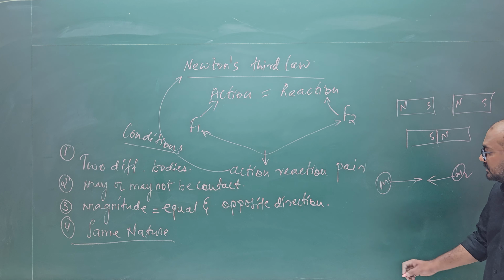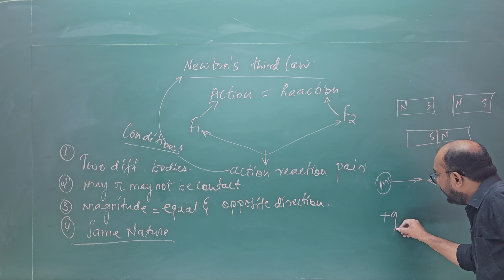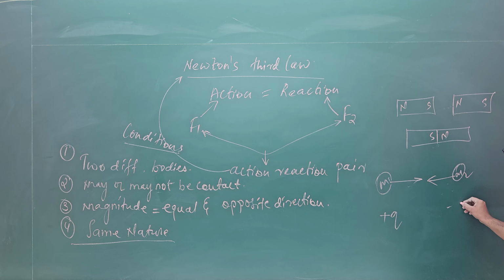I got my point. Similarly, in the charges we discussed that. Let's say this one is your minus Q, and over here is plus Q. Plus Q and minus Q. They are separated by whatever the distance is. This one is being attracted by minus Q. Yes. And this one is attracted by positive Q. Still, forces are opposite in direction, equal in magnitude.